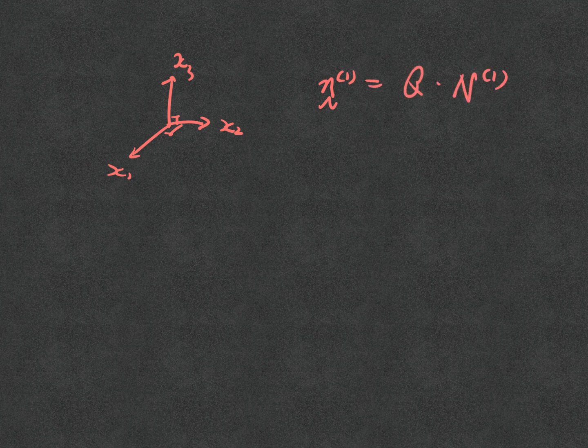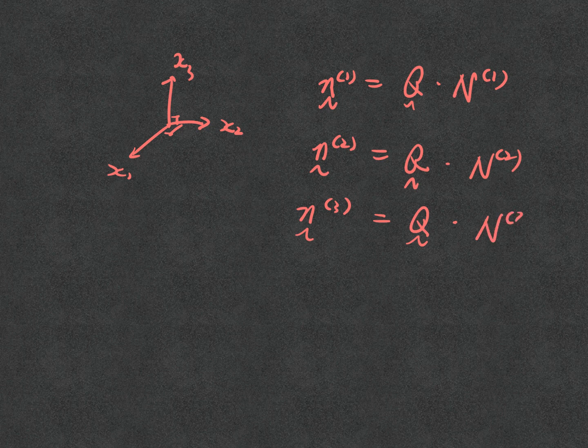Now, let's consider a coordinate system x1, x2, and x3. They are separated by 90 degrees, and we call it orthogonal. Now, I want to change it, so I would have a new vector that is rotated from the old vector N. Then for the argument, I'll write it down in detail.